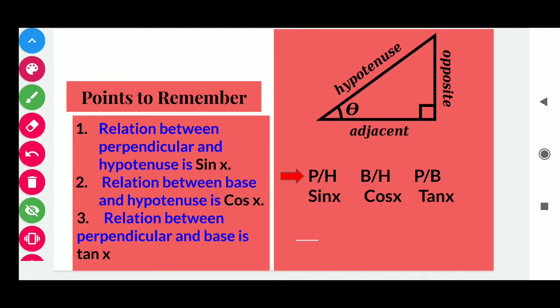Suppose the relation between perpendicular and hypotenuse is sin x. Suppose in the question they are asking to find the value of hypotenuse and given is perpendicular, then students you have to just correlate the two concepts, perpendicular and hypotenuse, together.